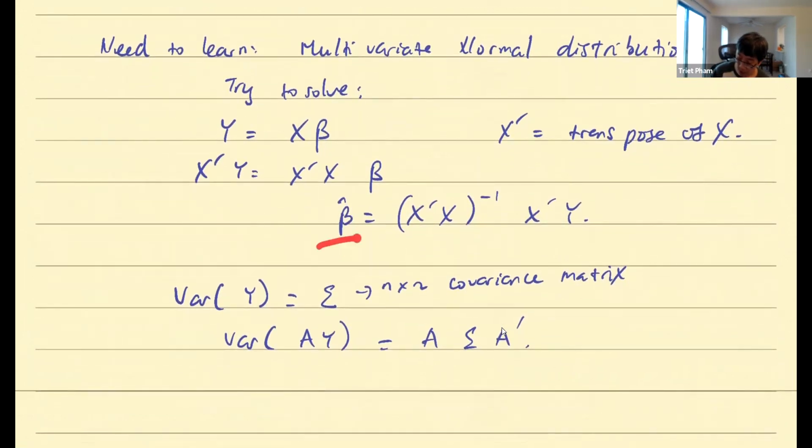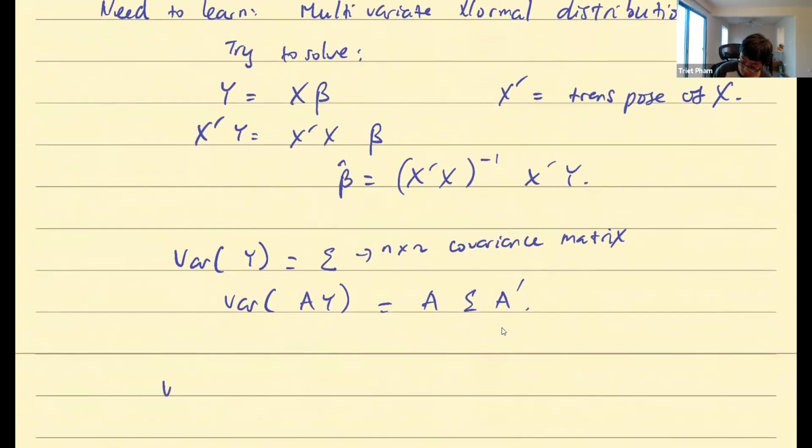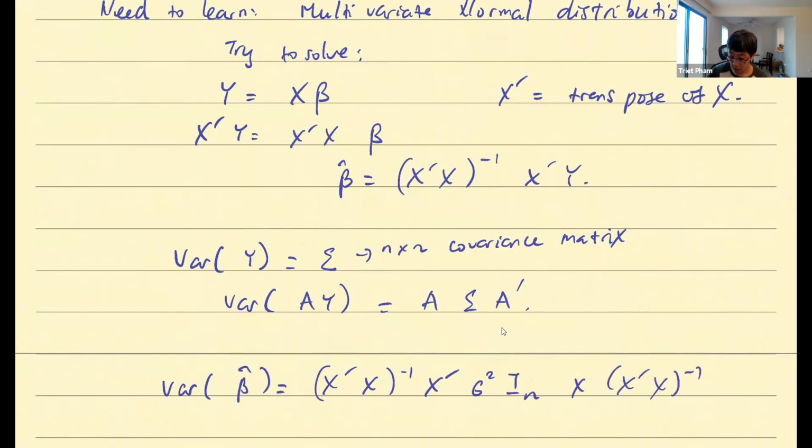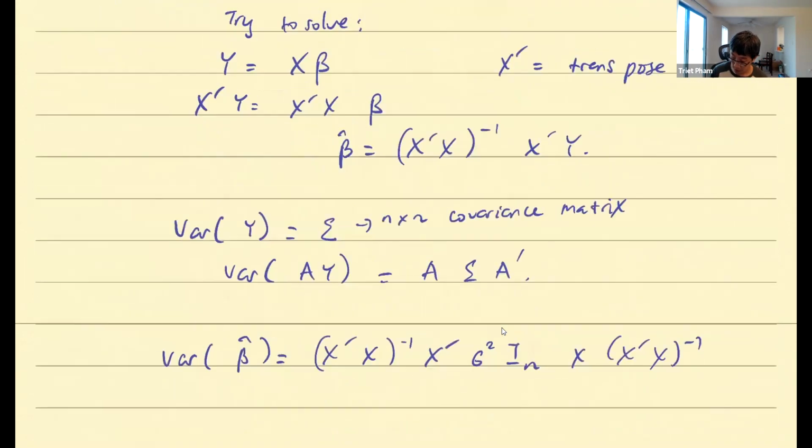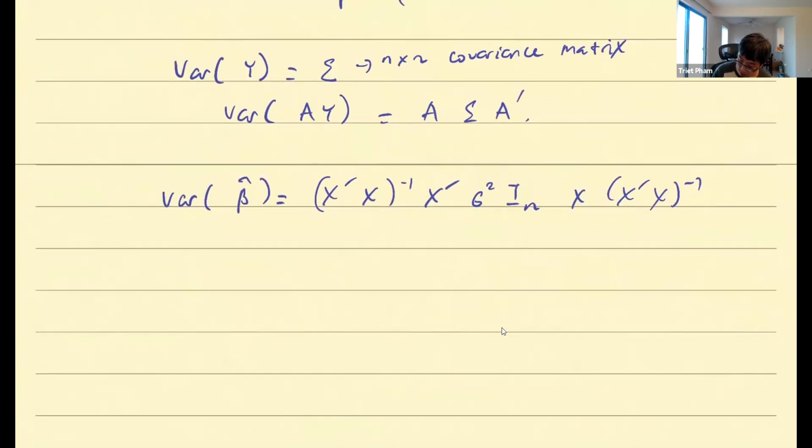Applying that to this context, what we have is variance of beta hat is X transpose X inverse X transpose sigma square I_N X X transpose X inverse, because the transpose of this is just like that.